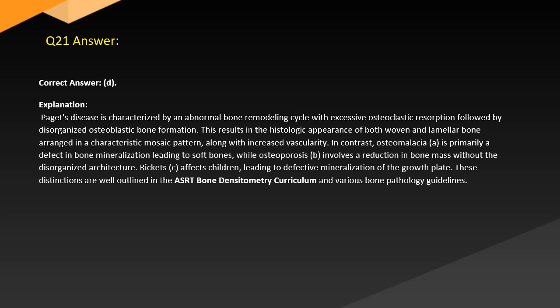In contrast, osteomalacia is primarily a defect in bone mineralization leading to soft bones, while osteoporosis (B) involves a reduction in bone mass without the disorganized architecture. Rickets (C) affects children, leading to defective mineralization of the growth plate. These distinctions are well outlined in the ASRT bone densitometry curriculum and various bone pathology guidelines.